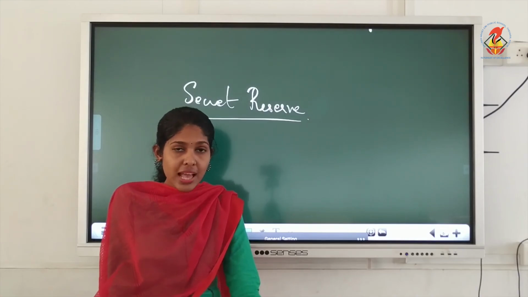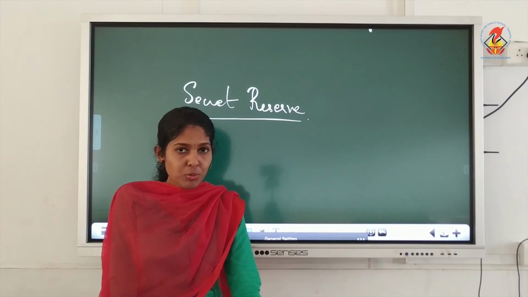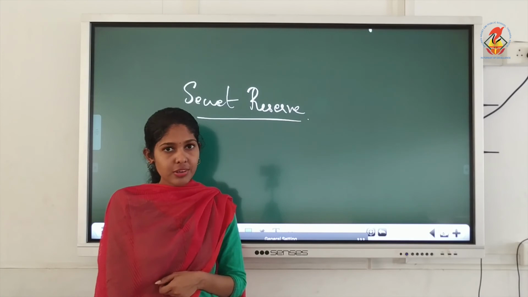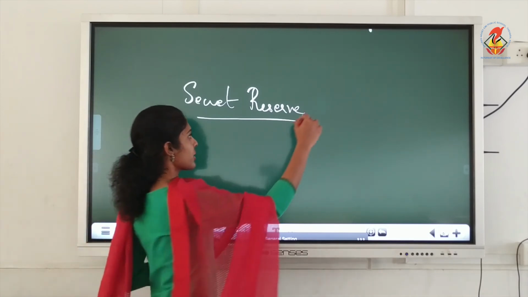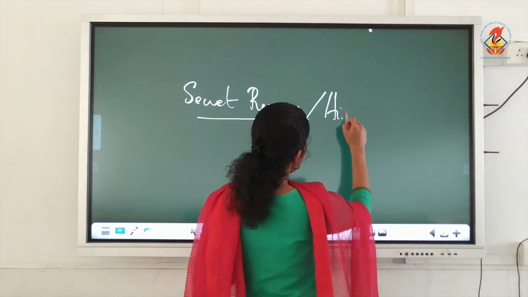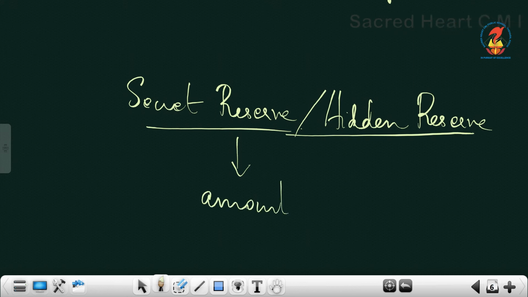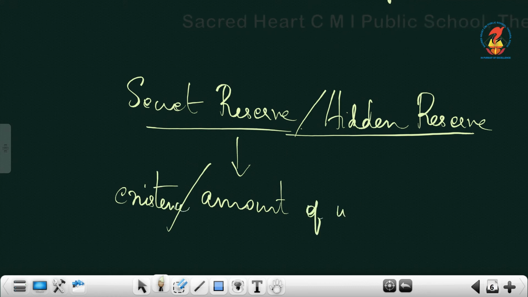As a limitation of prudence or conservatism, we have discussed this particular term, secret reserve. Secret reserve, or it can be called a hidden reserve. Why is it hidden? The amount of which, or its existence, is not disclosed in the balance sheet.